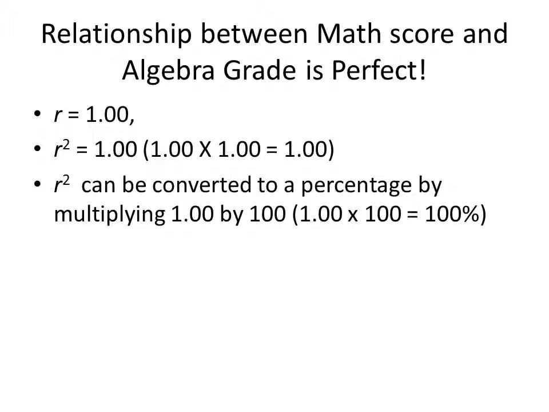A lot of people forget that, so that's something we need to remember. We talked about in section 14 that the values of r squared can be converted to percentages by multiplying the r squared by 100. So here we would multiply 1.00 by 100 and get 100%.